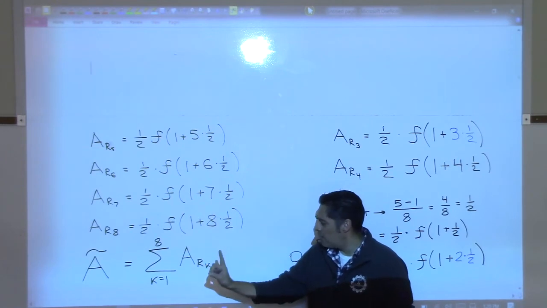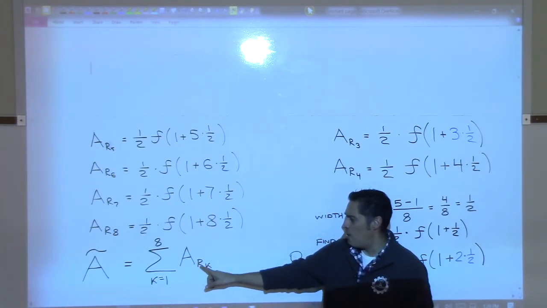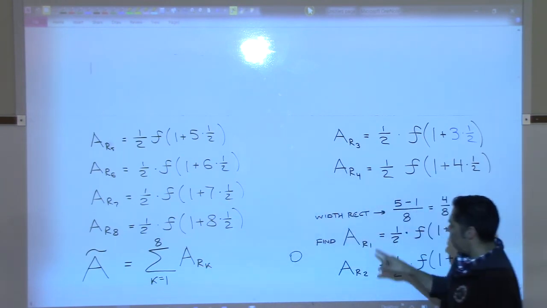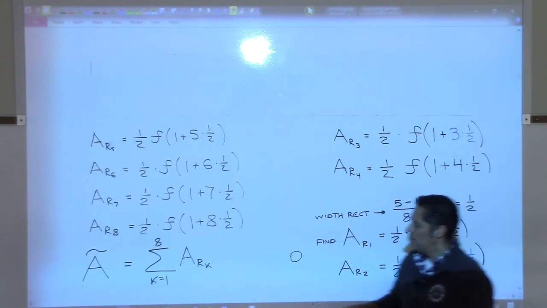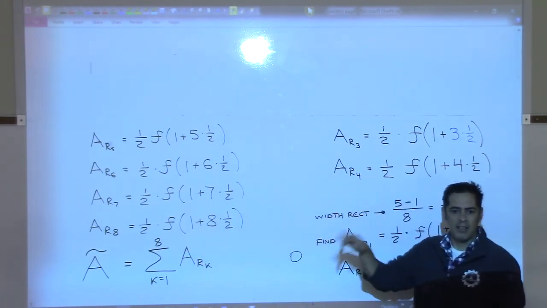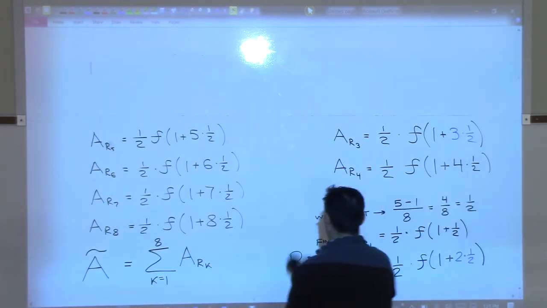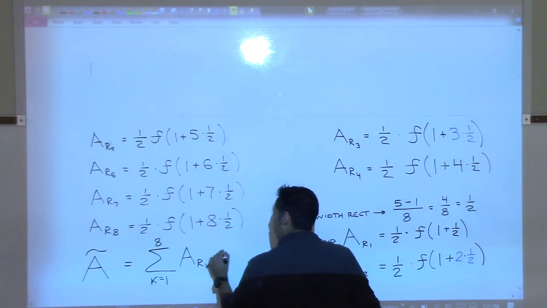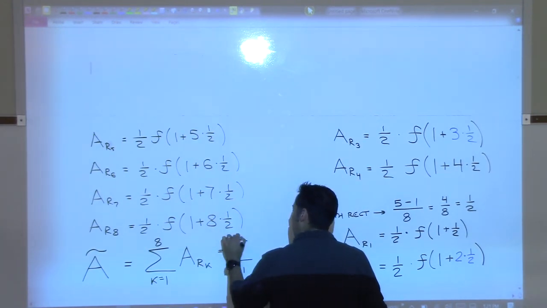So the first thing I would do is replace k with 1, and that would be A sub R sub 1. And that would be this one, right? And then plus, now we'd be at A sub R sub 2. And then plus A sub R sub 3. So do you all agree with that? Okay. But isn't that just the sum k equals 1 to 8?